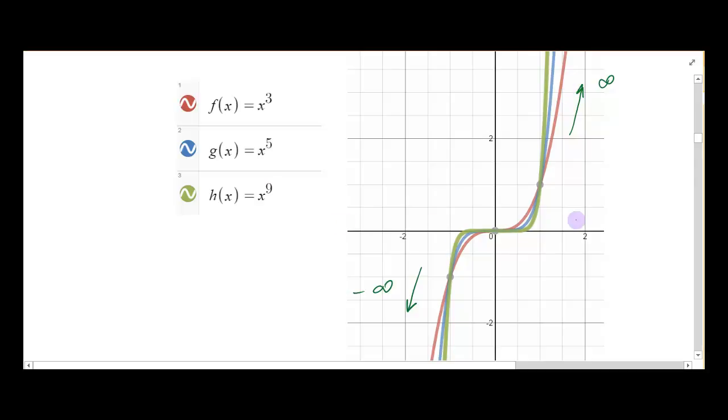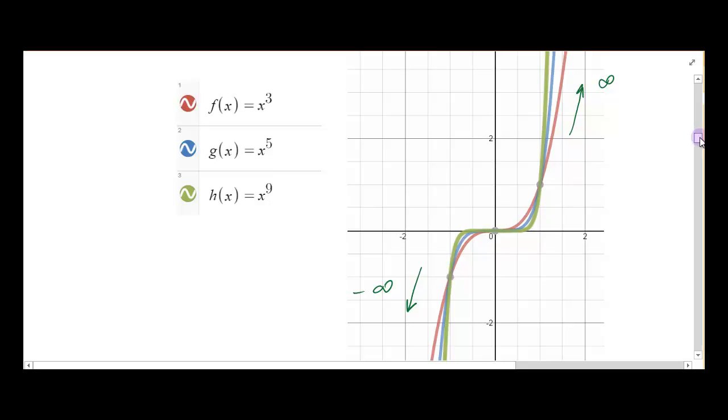Now the domain and the range would be the same no matter what we were talking about for my odd powered functions, but the domain in this would be all real numbers. And then we might want to be able to say that it would be symmetric with the origin. So in other words, if I were to rotate this point right here that I'm hovering on down over here, it would rotate to the point down here in the third quadrant, and we say that that is symmetric with the origin.